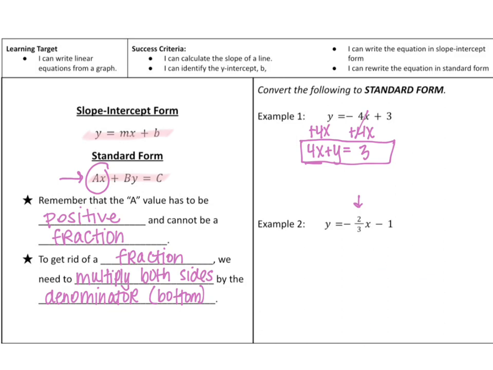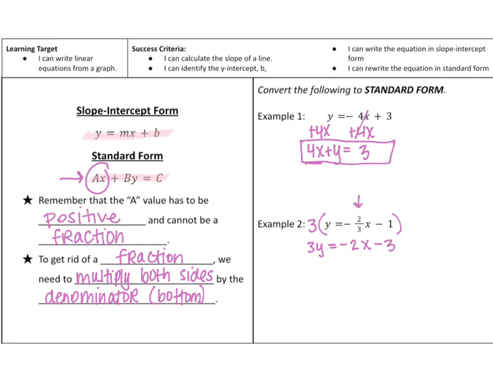So let's multiply both sides by the denominator 3. That means I'm going to do 3 times everything inside the parentheses. So now we have 3y equals negative 2x minus 3. All we've done is eliminate the fraction by multiplying by the denominator.